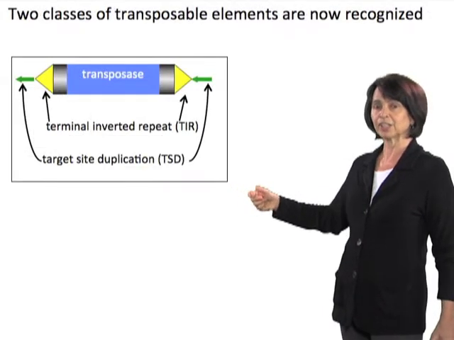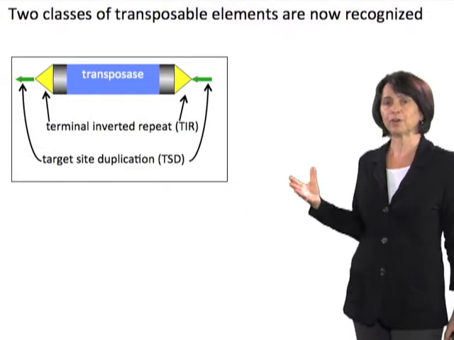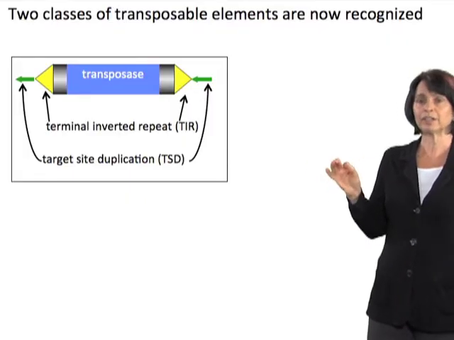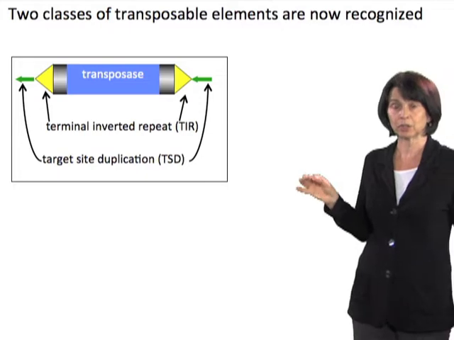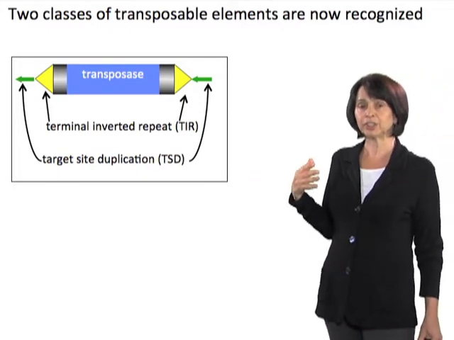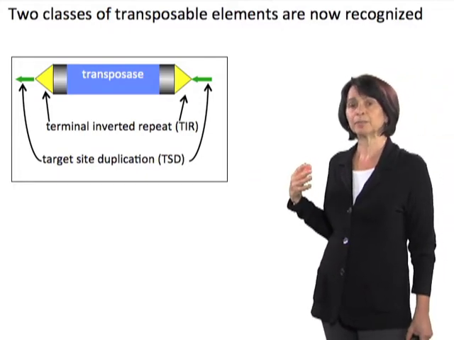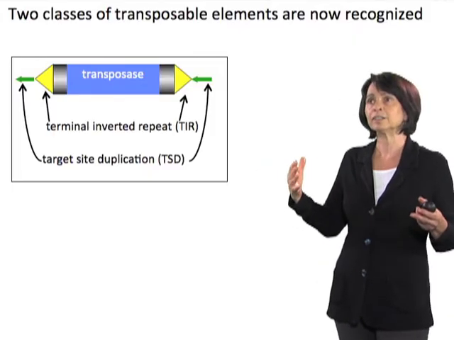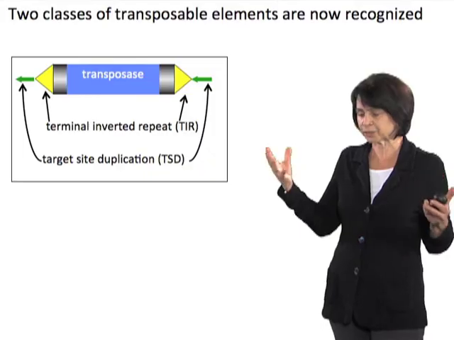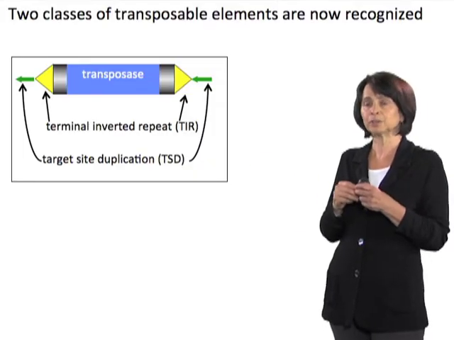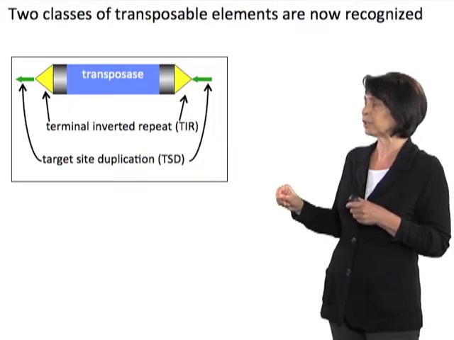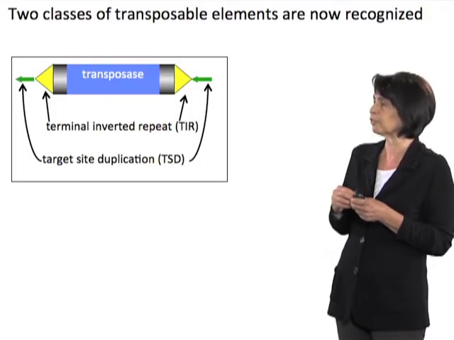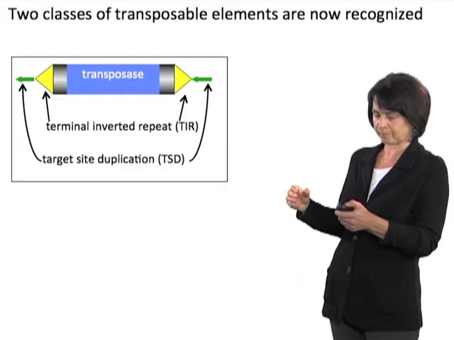Okay. So I have told you so far, I've focused on what's now known to be one of two classes of transposable elements that are in the genome. The elements that were discovered by McClintock and that are responsible for the unstable, spotted kernels, the sectored flowers, those are caused by the element type that I've shown you here with a transposase with terminal inverted repeats.